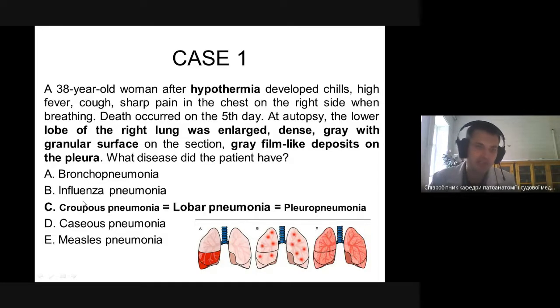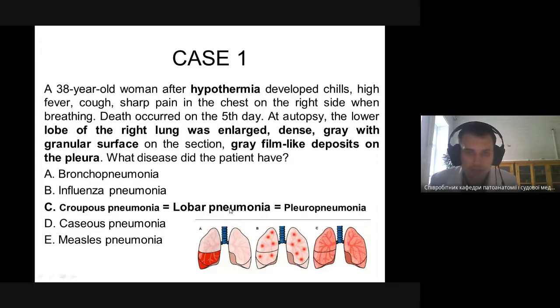Kruppe's pneumonia means the inflammation called Kruppe's: fibrinous inflammation with easily excreted films, filaments of fibrin.